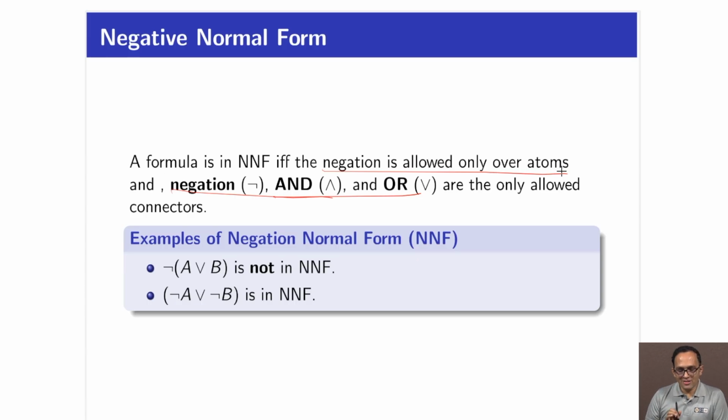So to understand what we are saying, this is not NNF. Why? Because this negation is given over a sub formula, but this formula is in NNF. Why? Because the negation is associated with the atom A, the propositional constant A, and this negation is also associated with the propositional constant B, and they are connected with OR. So this is NNF, but this is not NNF, right.